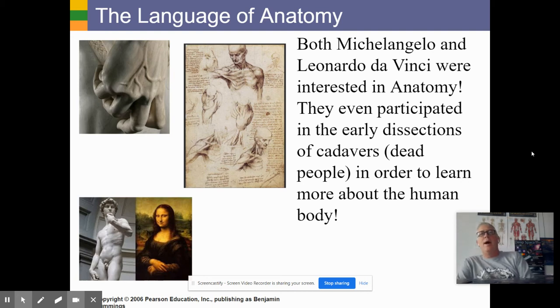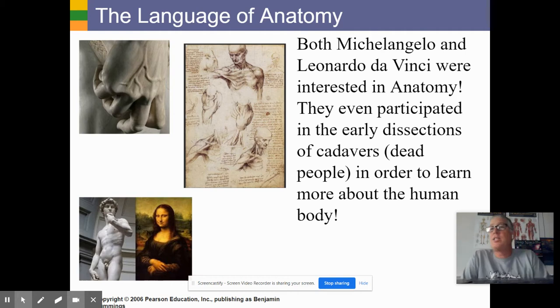Michelangelo has the ones on the left-hand side, and those pictures of the hand and of David, both from his statue of David, show his very strong interest in anatomy. Both Leonardo da Vinci and Michelangelo dissected cadavers, which are dead people, and they participated in this to learn about the human body.